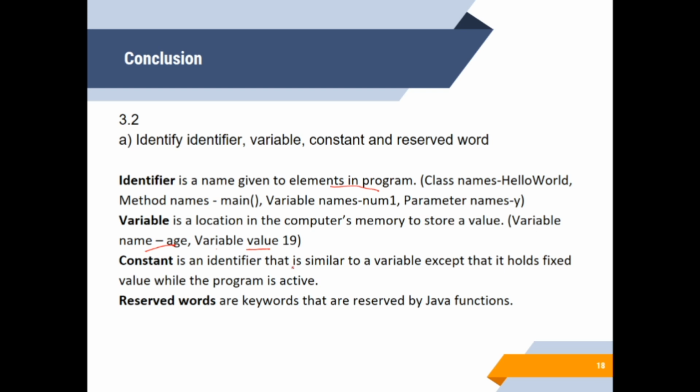The third is constant. A constant is an identifier that is similar to a variable except that it holds a fixed value while the program is active. And the last one is reserved words, keywords that are reserved by Java.